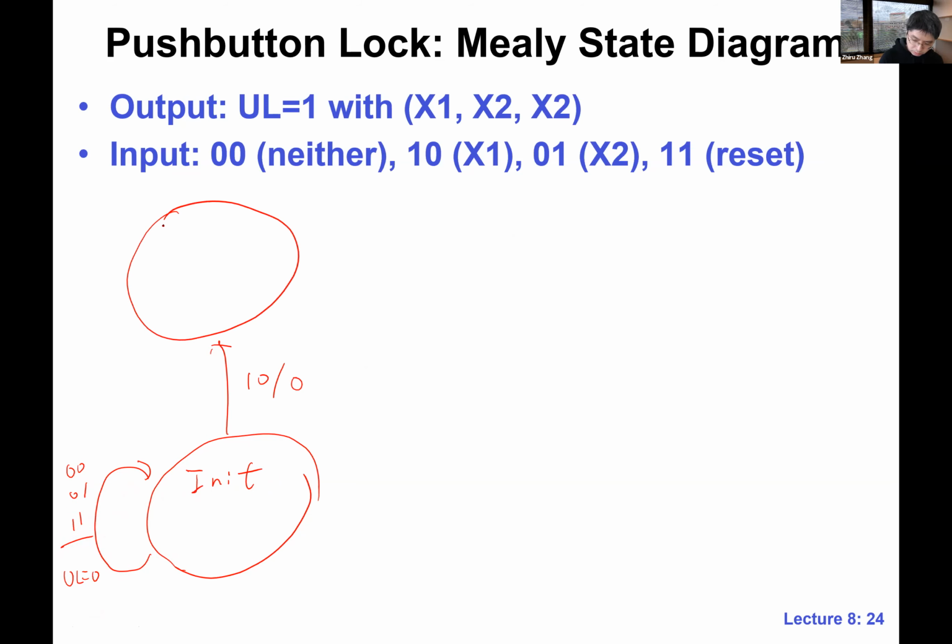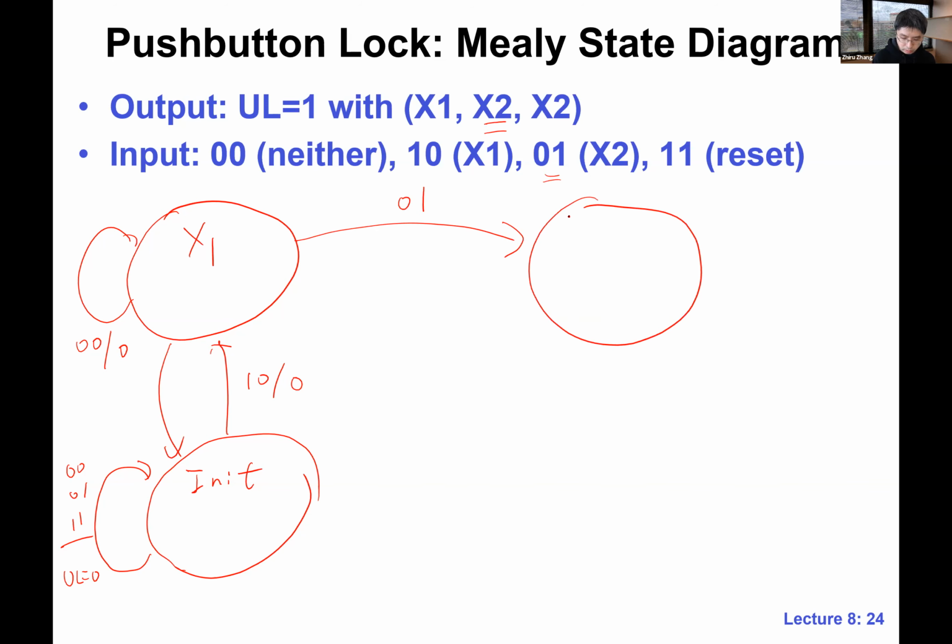Okay, then we go to x1. Very similar. If it's 0, 0, we output 0. Nothing interesting. Otherwise, we are expecting x2 here. x2 is 0, 1, so we are supposed to go to something new if you see 0, 1. Otherwise, if it's 1, 0 or 1, 1, we output 0.